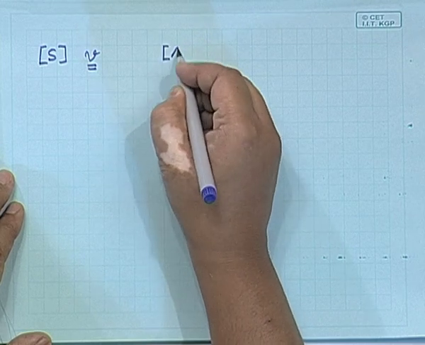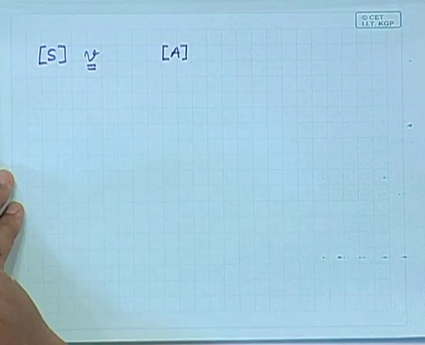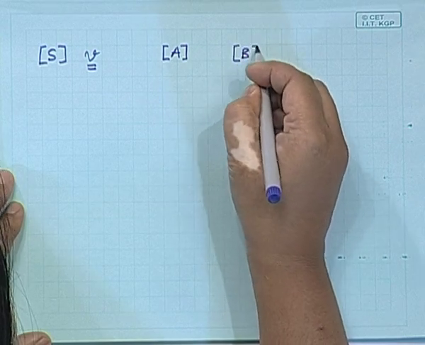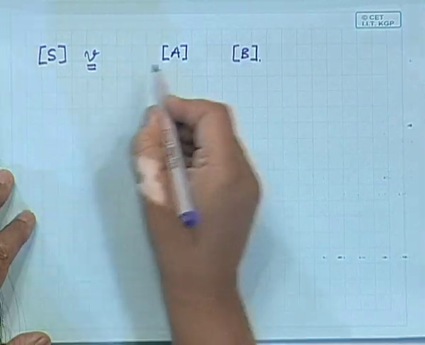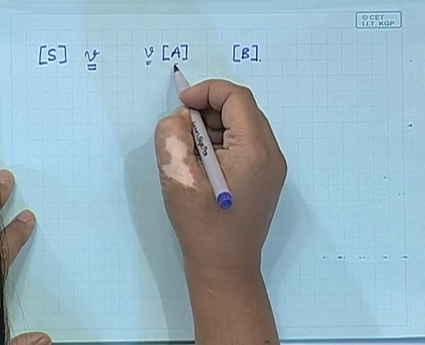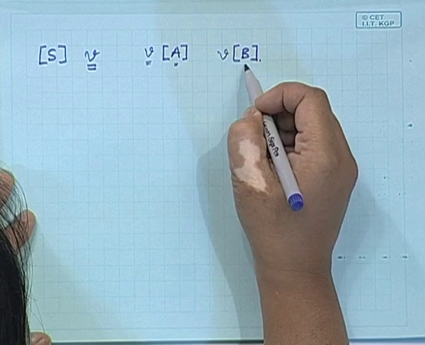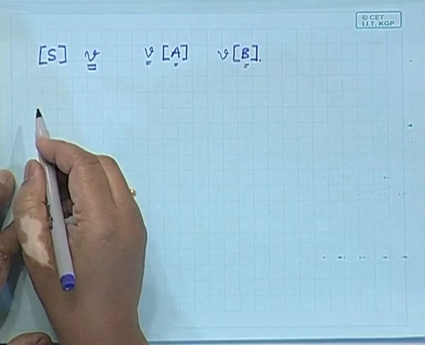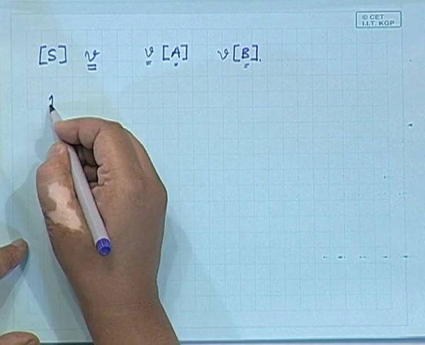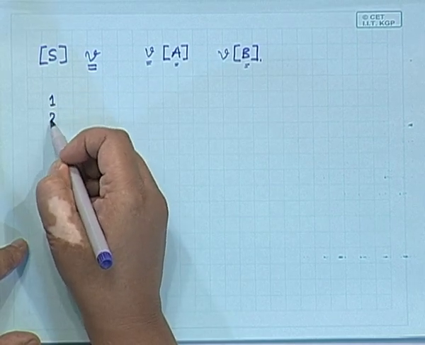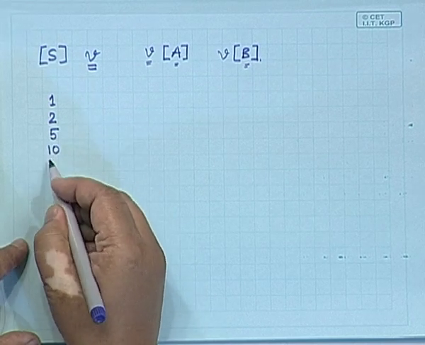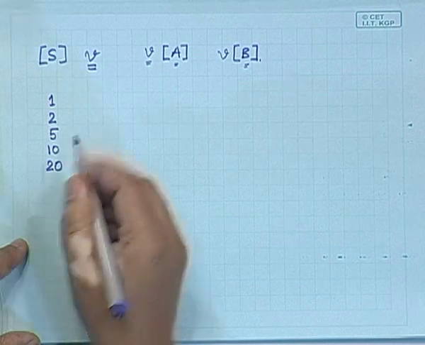If I put in an inhibitor A and an inhibitor B, what do I need? I need the velocities in the presence of A and the velocities in the presence of B for the same substrate concentrations. So, say we had values 1, 2, 5, 10, 20.